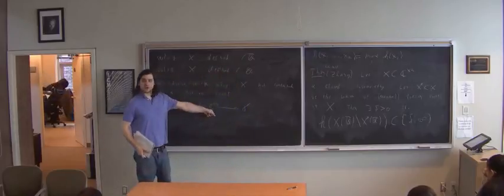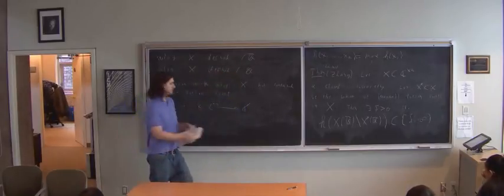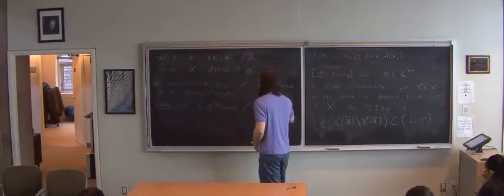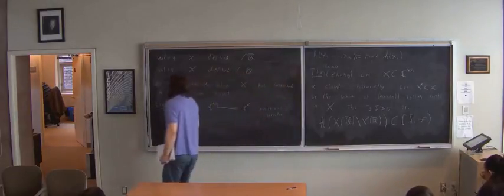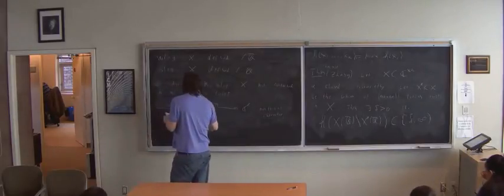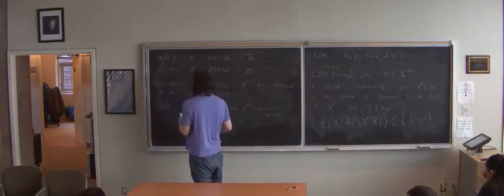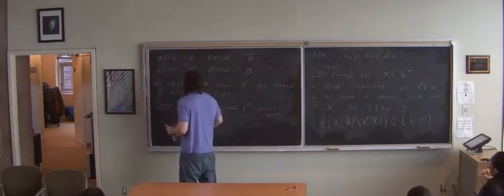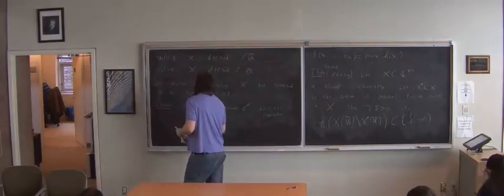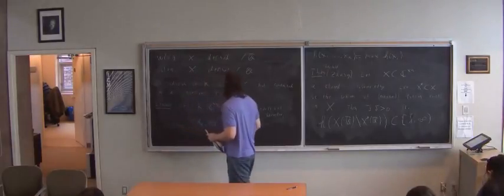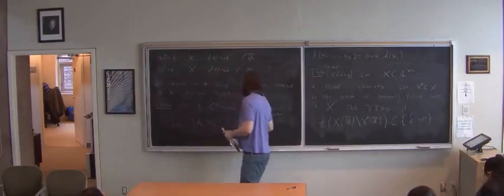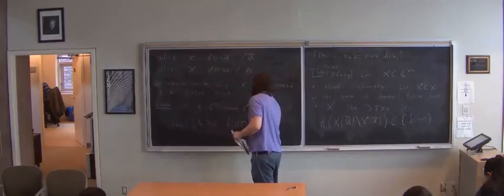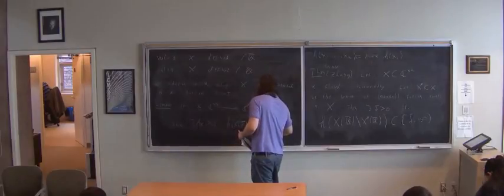That if you take any non-trivial algebraic character from C star to the n to C star, then there exists some positive constant, A chi, such that the height of chi of some number is bounded above by A chi times the height of that number.